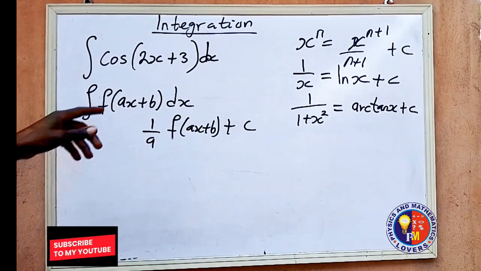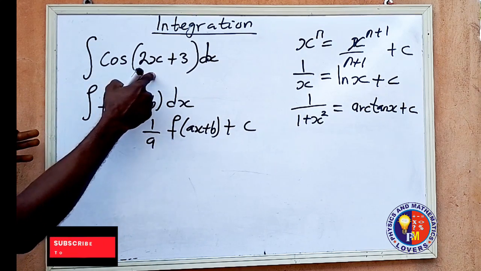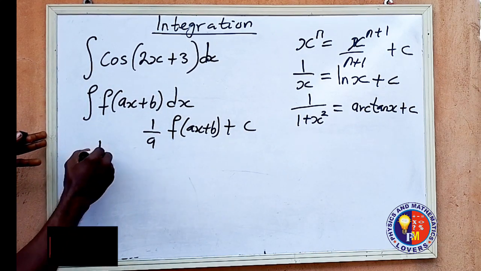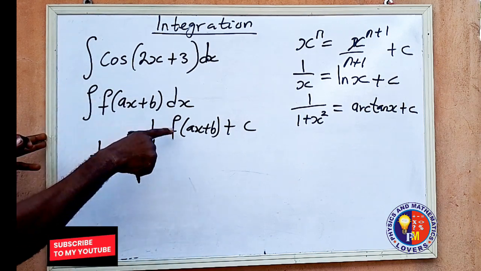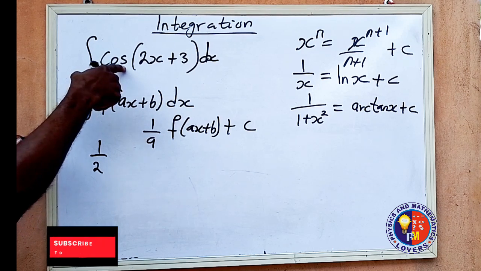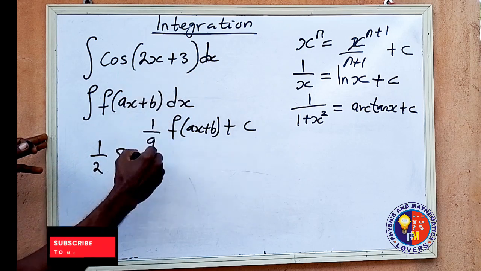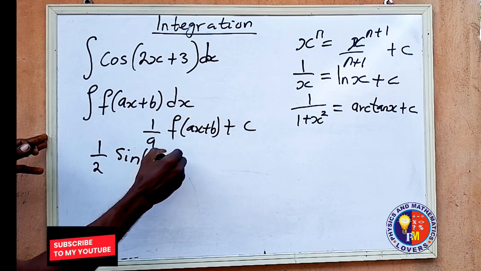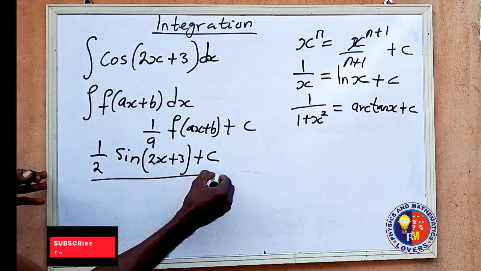My answer is going to be 1 over 2. Remember that this is a cos function, and when the cos function is integrated, it will give us sine. Then the whole of this, 2x plus 3, plus c. That's the answer to this.